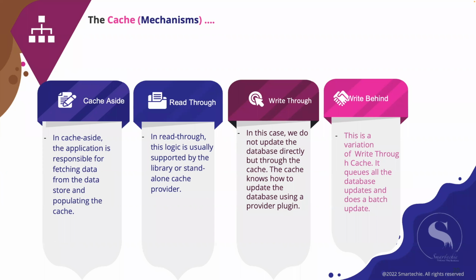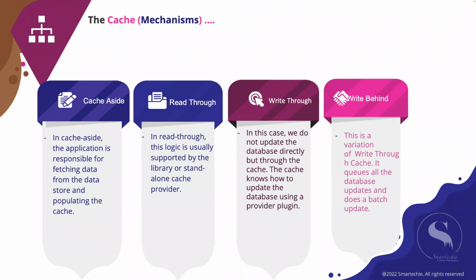The other mechanism is called read through cache. In read through cache, the application always requests data from the cache. If the cache has no data, it's responsible for retrieving the data from the DB using an underlying provided plugin. After retrieving the data, the cache updates itself and returns the data to the calling application, right?